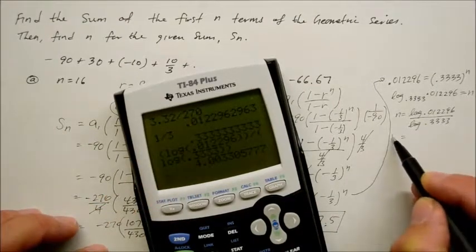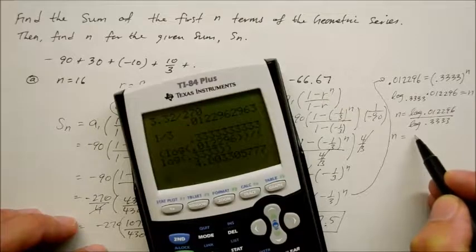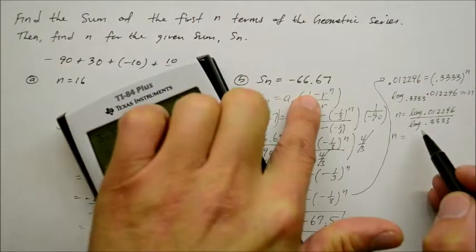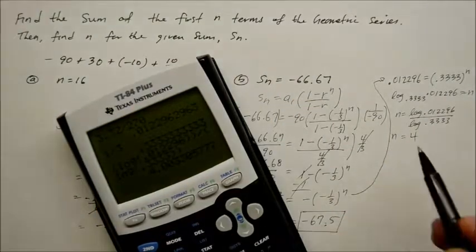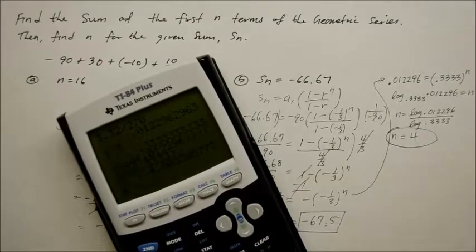So the place value, which term, up to which point will you get a value of negative 66.67? It will be up to the fourth. See? So that'll be the answer.